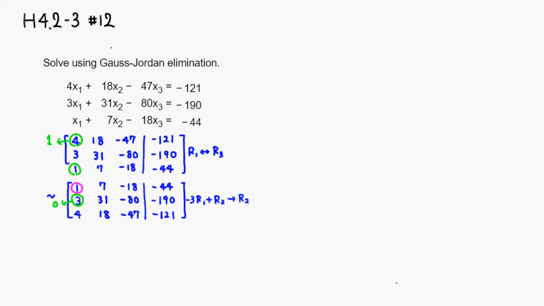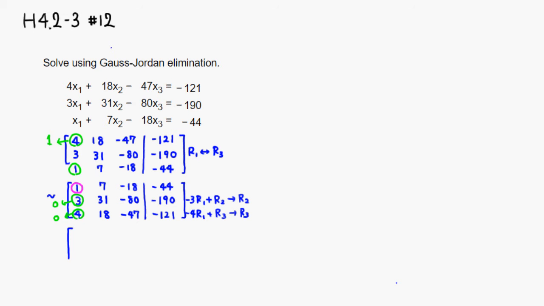And then we need to turn 4 into 0. So we're going to use row 1 again, multiply by negative 4 and add it to row 3, and that's going to become our new row 3. Let's do that.